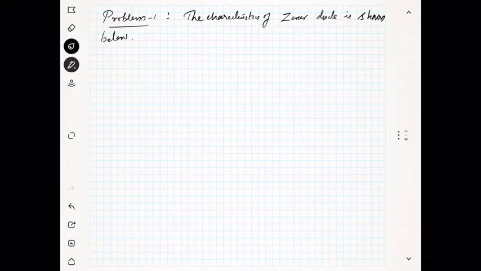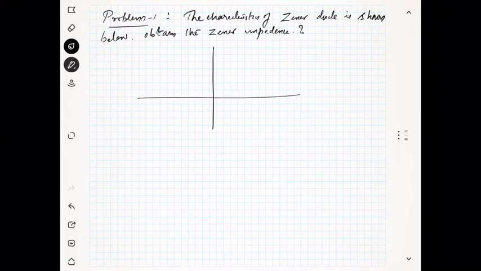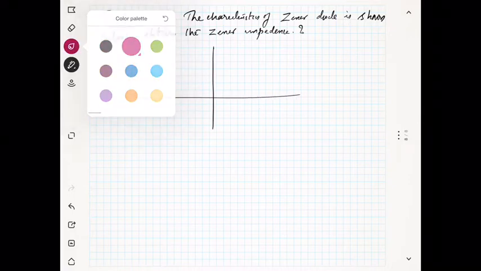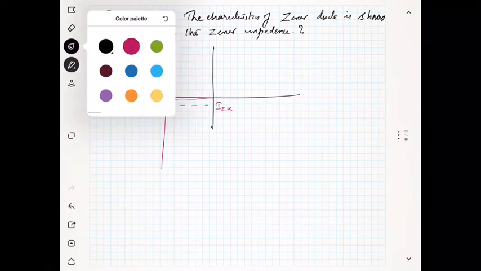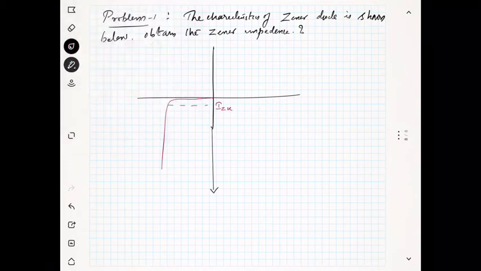Obtain the Zener impedance, that means the resistance of the Zener diode. So this is the characteristics, the characteristics is like this. Now it is given, this is Izk, this is the reverse current.